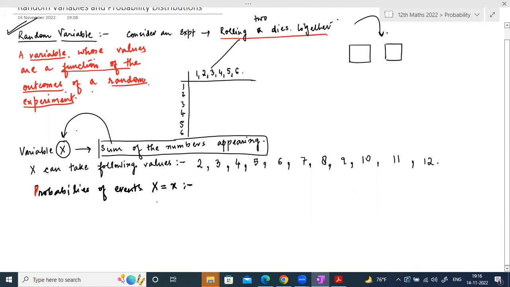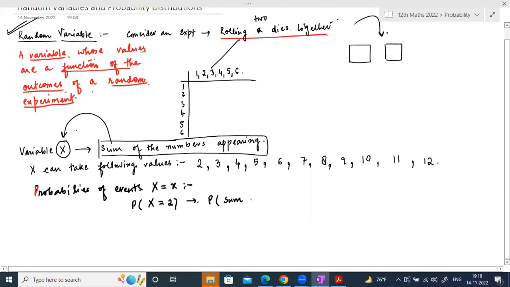So what will be the probability of when random variable takes the fixed value 2? In other words, what are we trying to find? Probability that sum is 2. What will be the probability that the sum is 2?